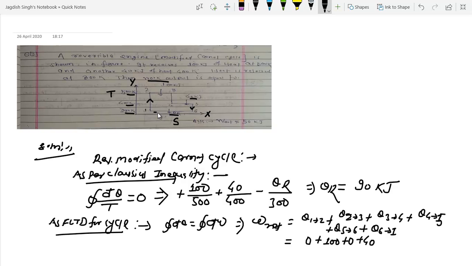For 5 to 6, there is no heat exchange because it is an isentropic process, and for Q6-1, since 90 kilojoule of heat is rejected, this is equal to minus 90. So the net work output of this cyclic modified reversible Carnot cycle is 50 kilojoule. The answer is 50 kilojoule.